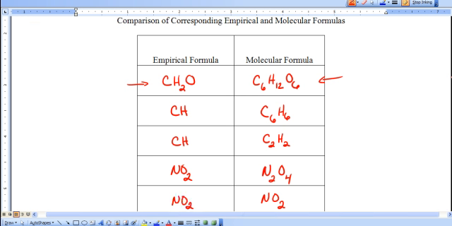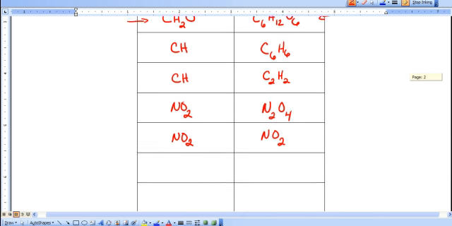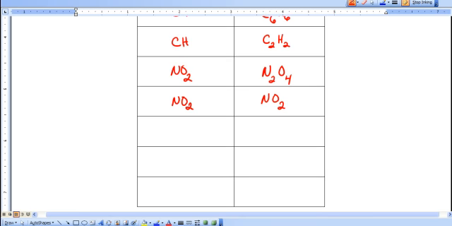So in some cases, yes, you can have two compounds that have the same empirical formula, but even more, you can have a molecular formula that is the same as the empirical formula. Sometimes it doesn't reduce. All right? I think you get the picture here.